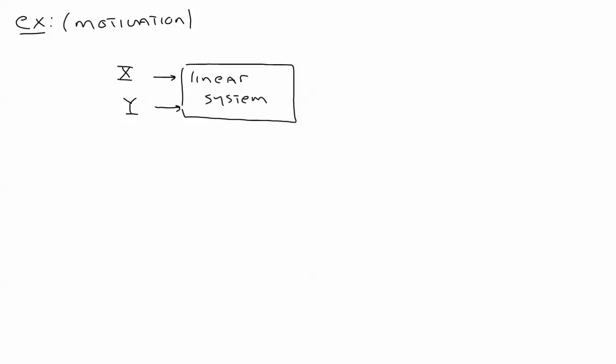And let's assume that my inputs have some randomness associated with them, shown here by random variables x and y. And we'll assume that my linear system has some output z, which is a function of x and y. Okay? So we'll assume that my inputs have some randomness.